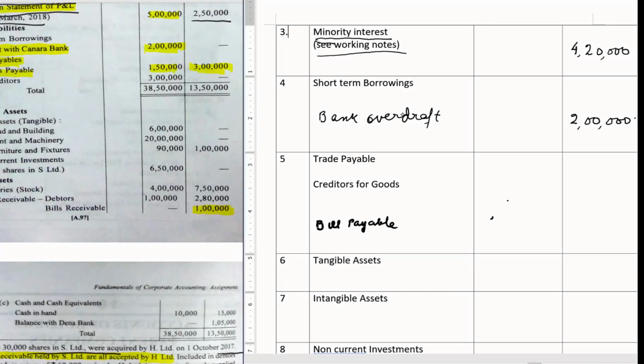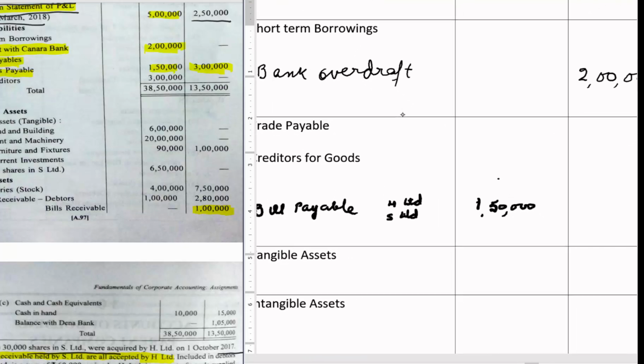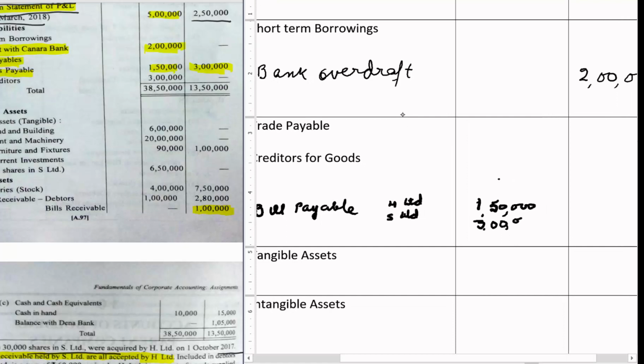This 1 lakh is mutual owings, hence it would be deducted from the total amount of bills payable of 1,50,000, which is of H, and 3 lakhs, which is of H. That is, out of 4,50,000, 1 lakh would be deducted. Hence, the total comes as 3,50,000.